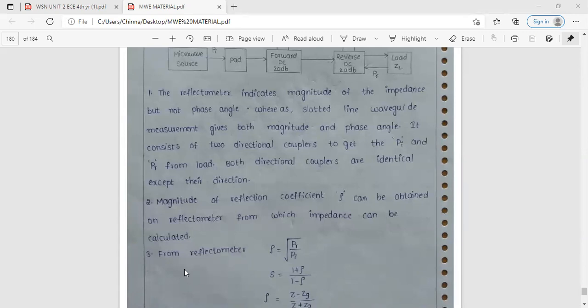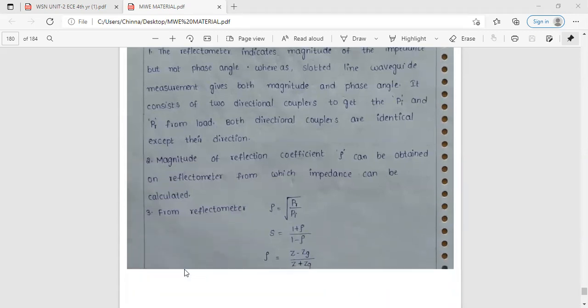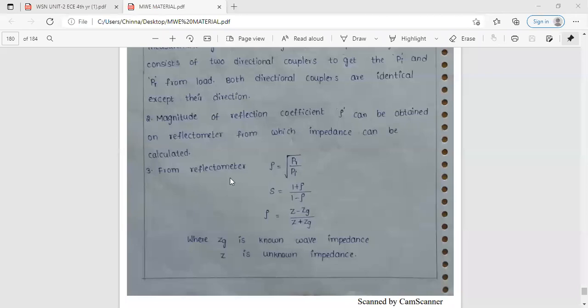So here the impedance is calculated based on this representation. So rho is equal to the square root of PR by PI, reflected power by incident power. S is equal to 1 plus rho by 1 minus rho. So rho is equal to Z minus ZG by Z plus ZG, where ZG is the wave impedance and Z is the unknown impedance.